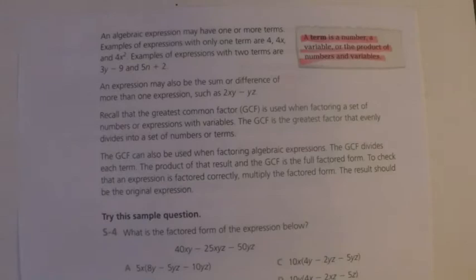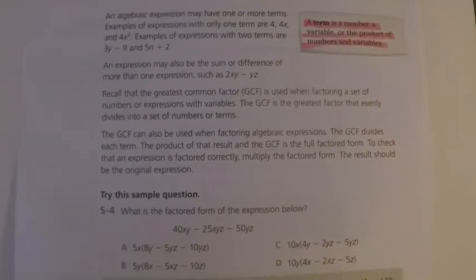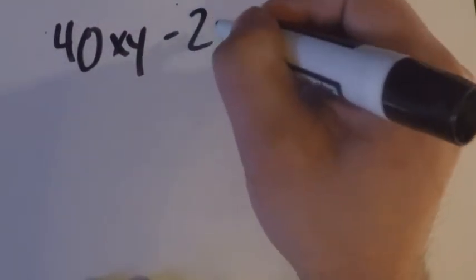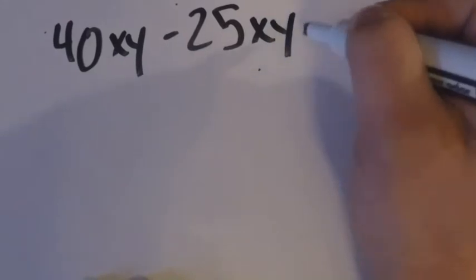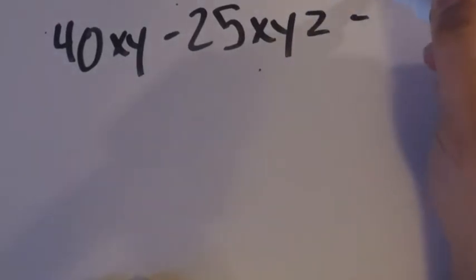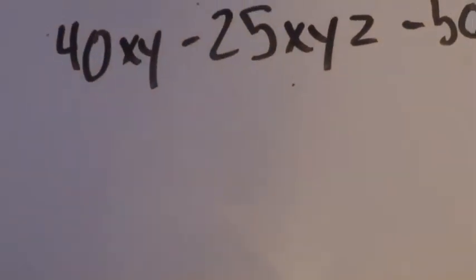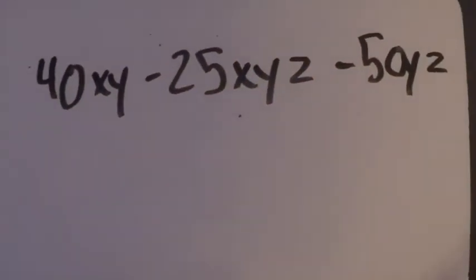So what they want us to do is take out the greatest common factor of the expression that they gave us here. For this one, they gave us 40xy minus 25xyz minus 50yz.